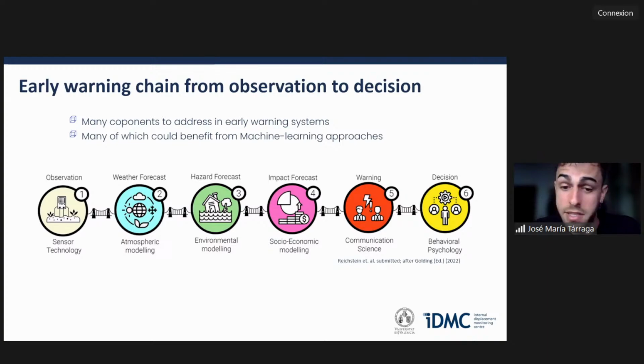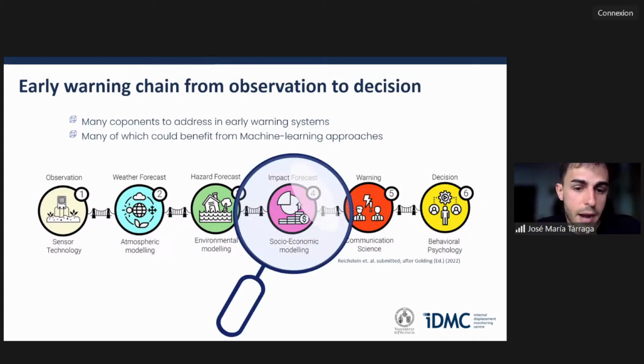All of these are some of these steps, and all of them could benefit from some kind of machine learning approaches. I think that's something that we have been working on in ISP. Today we are going to look particularly at this node, which is impact forecast or explanation: how we can use models to explain vulnerability, exposure, and hazard that compound to displacement risk due to disasters.